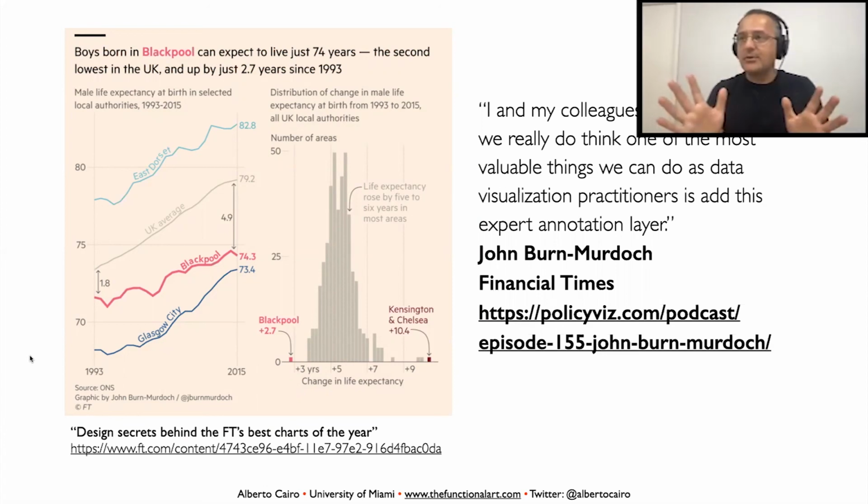The visualizations are important, obviously, but what they consider more important is that annotation layer that helps put the data in context, that helps explain the data, that helps explain how to read certain types of graphics that may be complicated for an average reader.